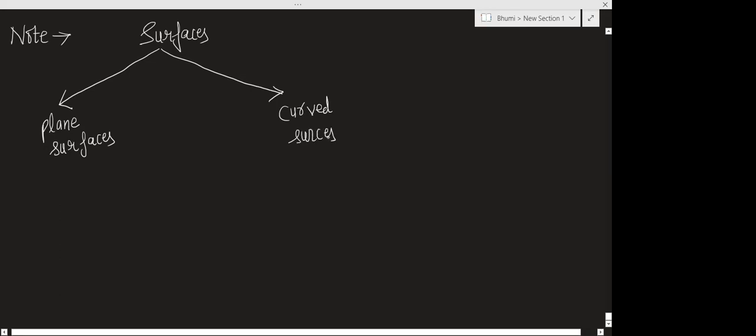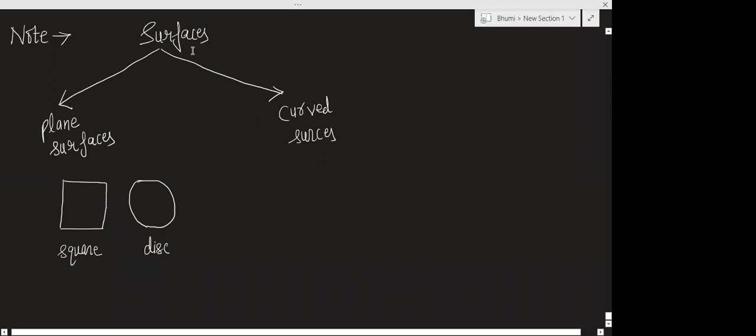Like if you have a square, if you have a disc, this is square, this is disc.